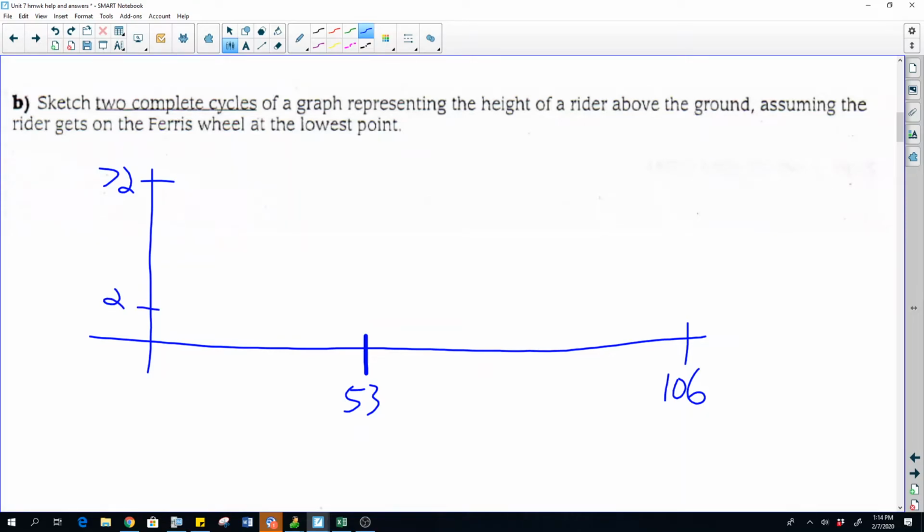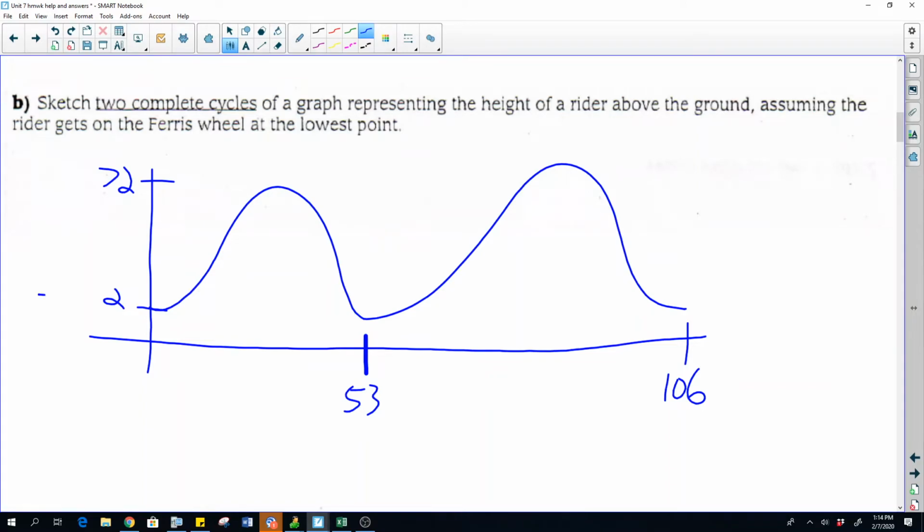So we're doing upside down cosine. So I want us to sketch it. So let's go ahead and sketch it. So 1 full cycle is 53 seconds. So it's going to go up pretty fast there. And then here's another cycle. It's supposed to be the same distance. Didn't know what happened there. But that's okay.